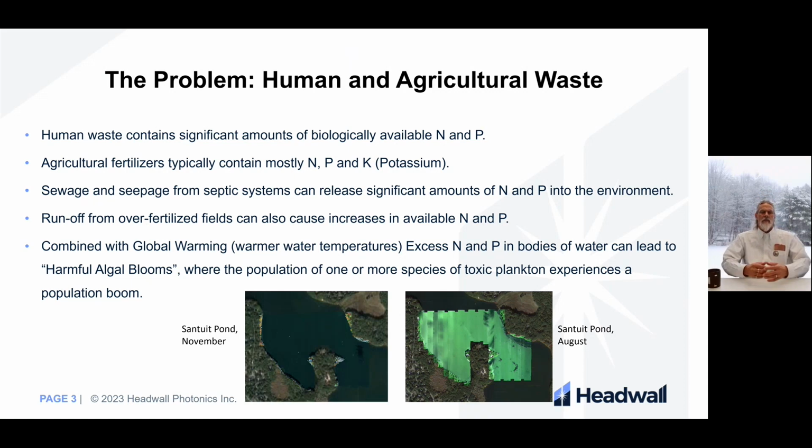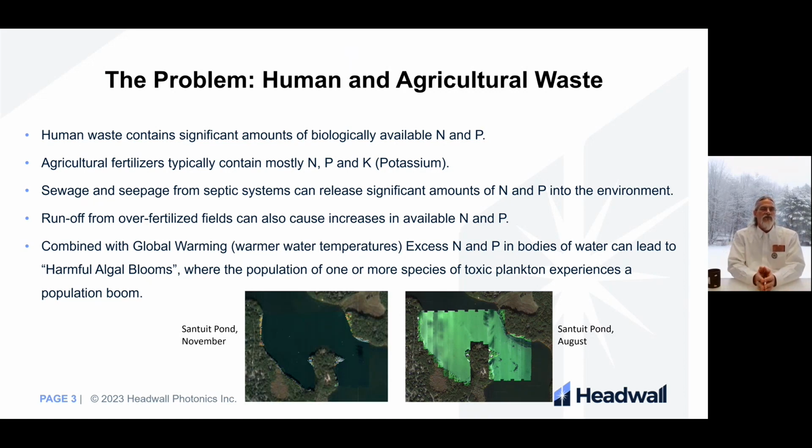And so, combined with the fact that we've got global warming, the temperatures of bodies of water are increasing. Most things are going to grow faster when it's warmer. That combined with the runoff from human waste and from agriculture can lead to harmful algal blooms where some species that are toxic can grow out of control and make an entire body of water toxic.